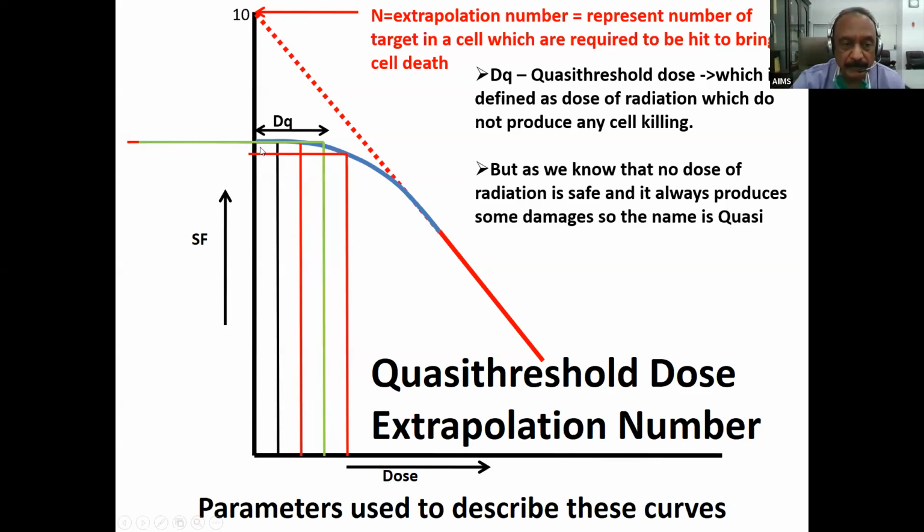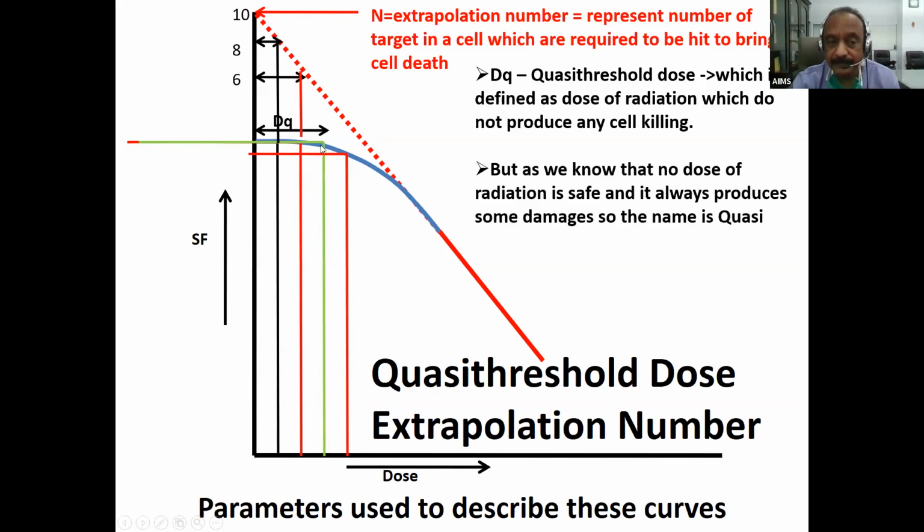Now, to make this point more clear, why it seems that there is no cell death here. Again, hypothetical, remember. When you give this dose, it is only sufficient to deactivate 2 targets. 8 targets are still surviving. So naturally there will not be any death. When you further increase the dose, it will deactivate more targets, but still 6 targets are not deactivated.